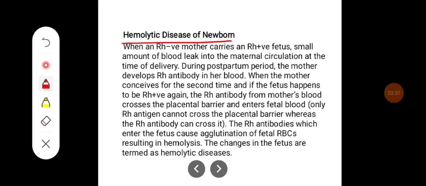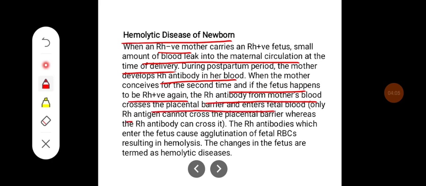Hemolytic disease of newborn. When an Rh negative mother carries an Rh positive fetus, a small amount of blood leaks into the maternal circulation at the time of delivery. During the postpartum period, the mother develops Rh antibody in her blood. When the mother conceives for the second time, if the fetus happens to be Rh positive again, the Rh antibody from the mother's blood crosses the placental barrier and enters the fetal blood.